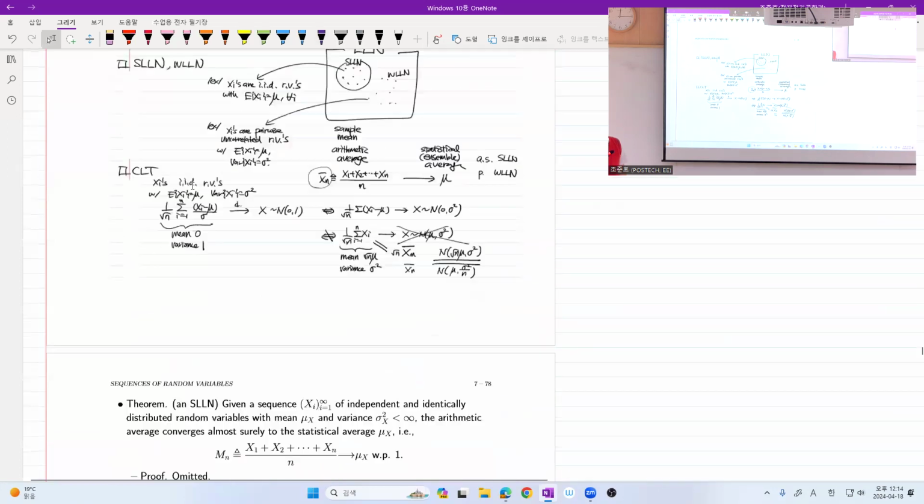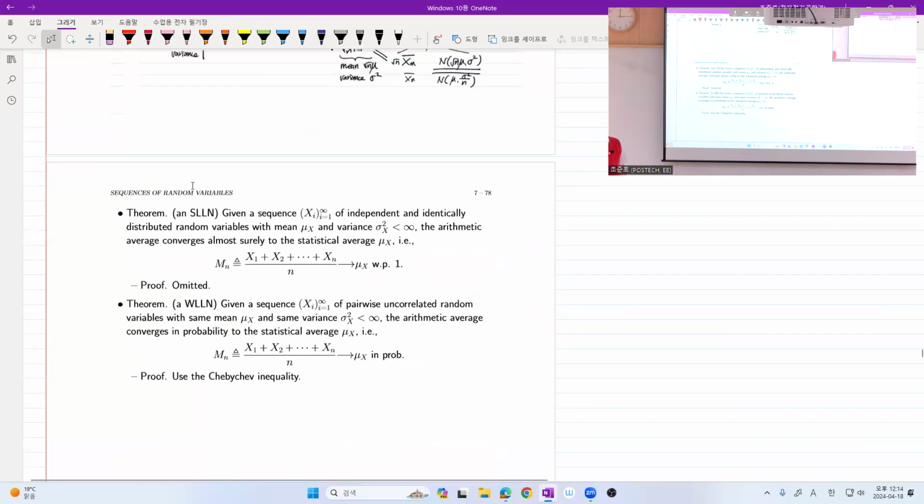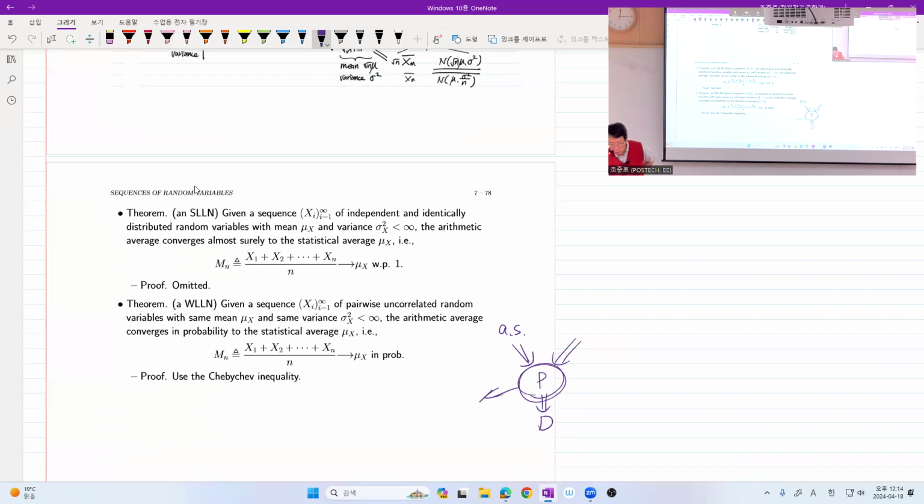What else do we have? For the weak law of large numbers, usually what it proves is this one. One of the examples is the weak law of large numbers, but you see this branch, right?